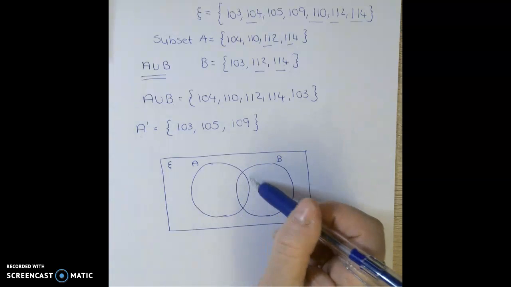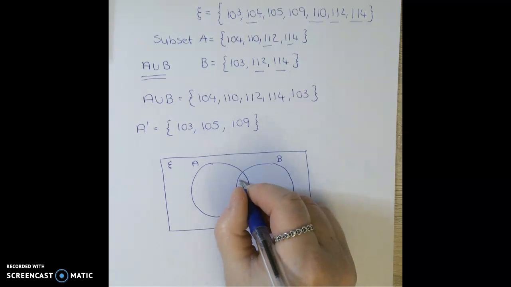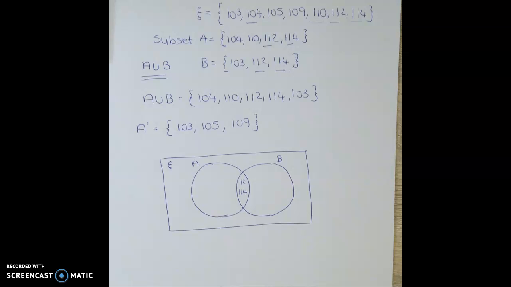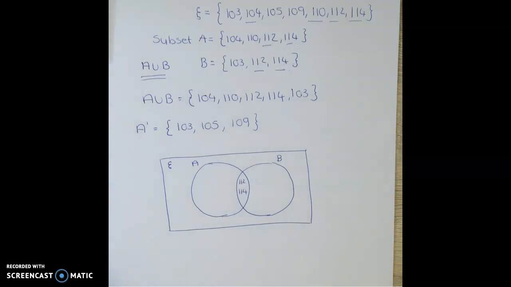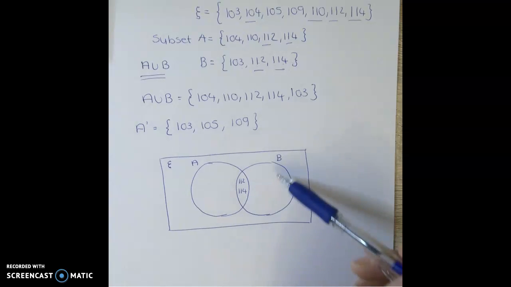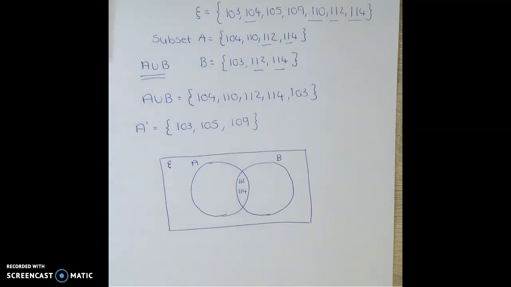So that would be in the intersection. So in here would be 112 and 114, because they appear in set A and also in set B. So it's in the intersection, it's in both of them. And this little overlap represents part of both circles still.